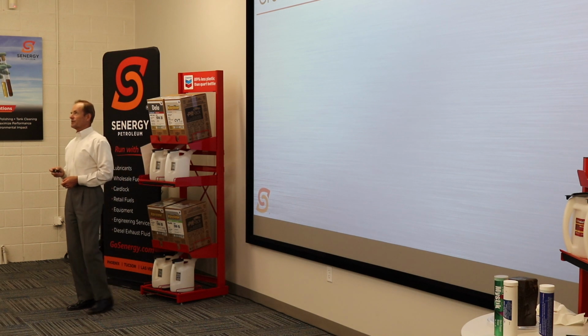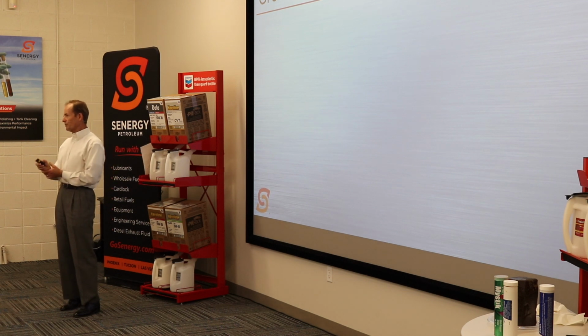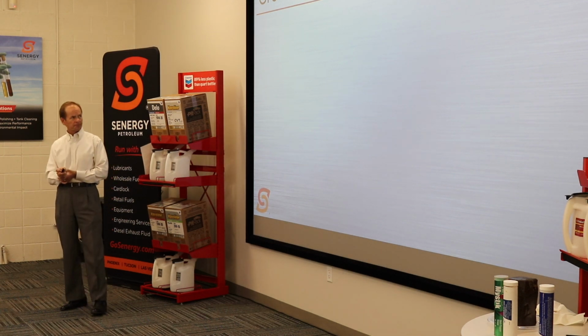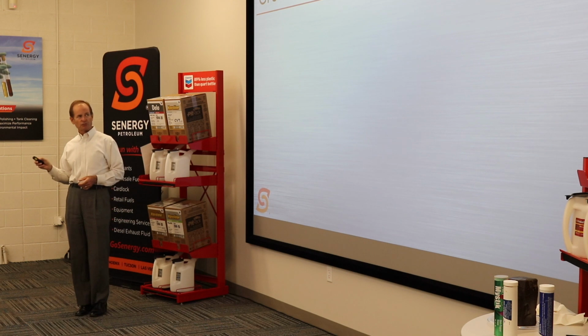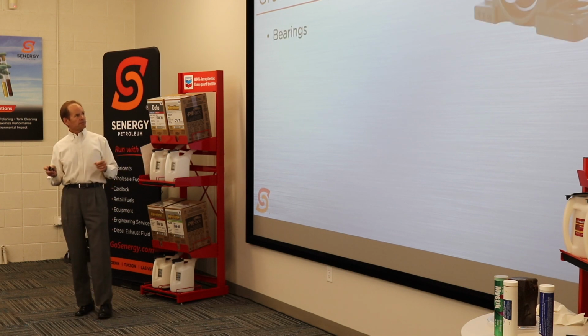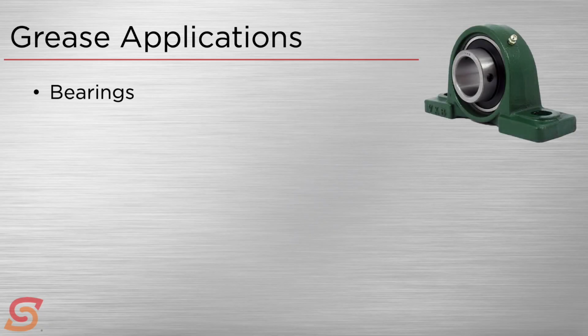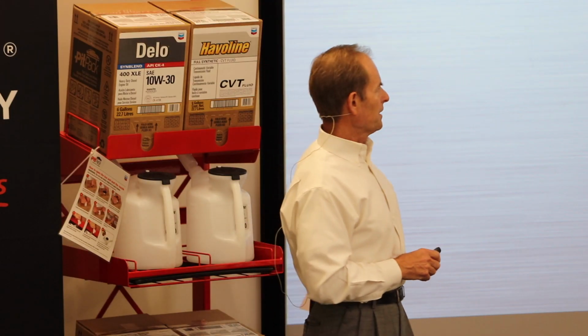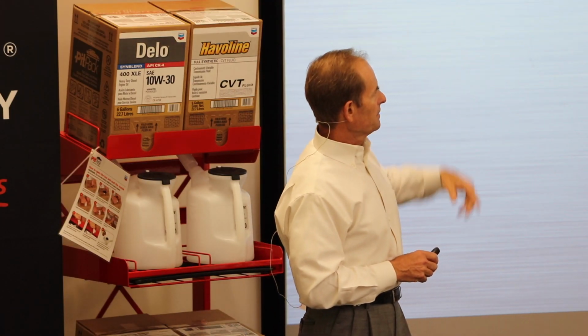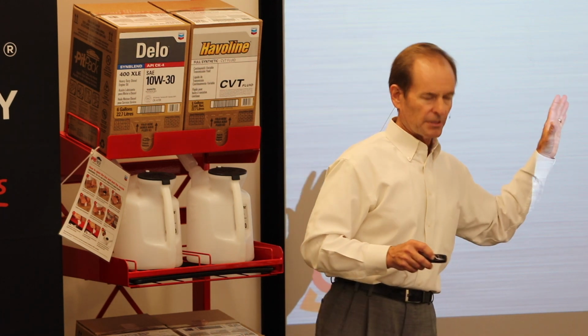Let's talk a little bit about grease applications and places where we use grease. Many of you probably know a good chunk of this anyway, where greases can be and are used. Bearings: this is known industrially as a pillow block bearing. The type of bearing inside there could be a number of different types, but it is a grease lubricated bearing, and they're real common in industry.